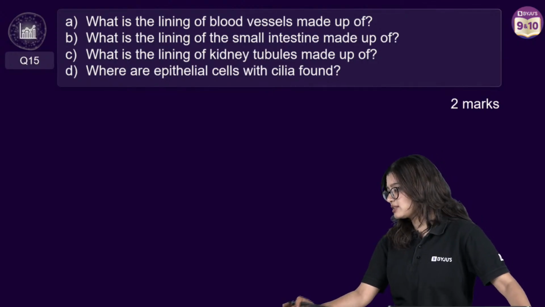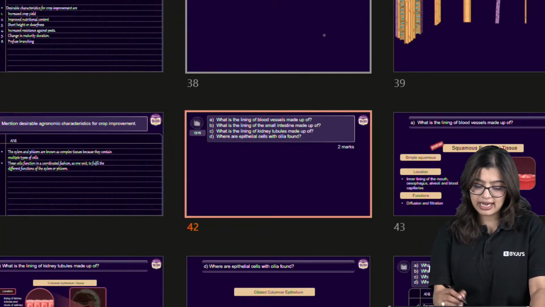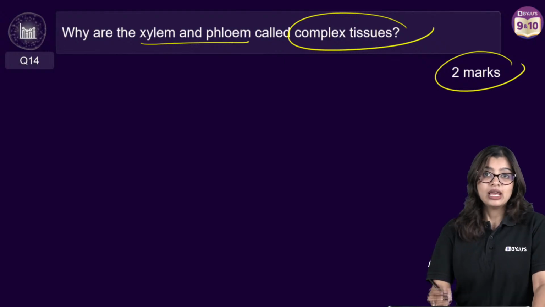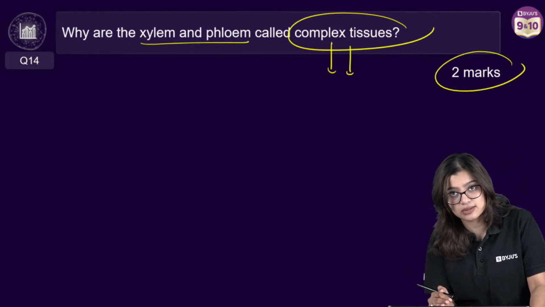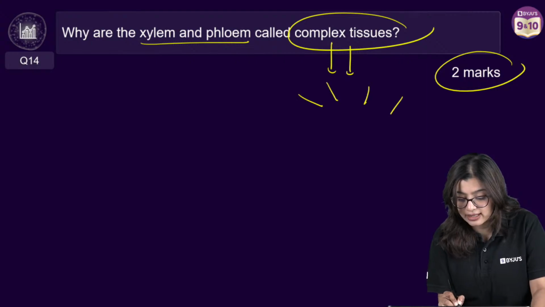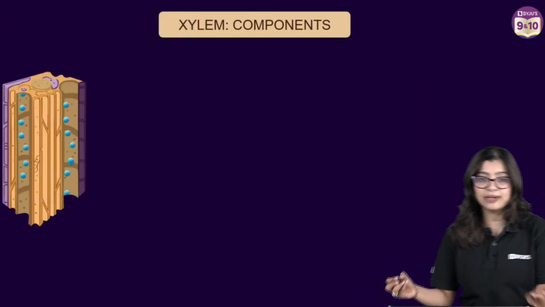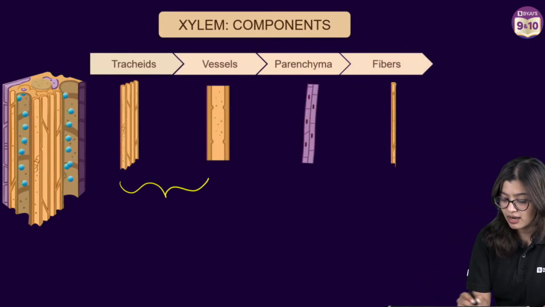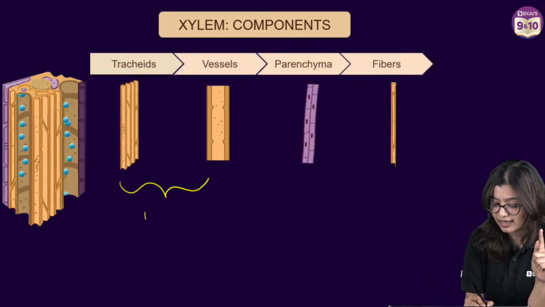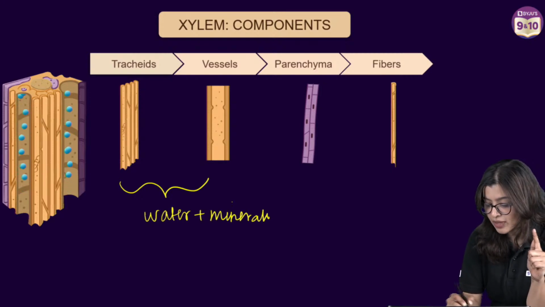Ma'am, this is the question, why do they contain different cells? Nahin. Question is asking why is it called as a complex tissue? They are called complex because they are made up of different cells. And all these different cells, you imagine, they are all carrying out different functions, right? So if you look at xylem, again to understand this, here tracheids and vessels are mainly responsible for transporting water and minerals, right?